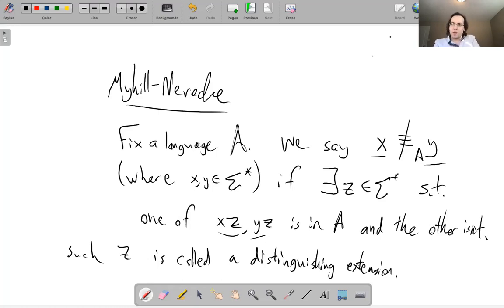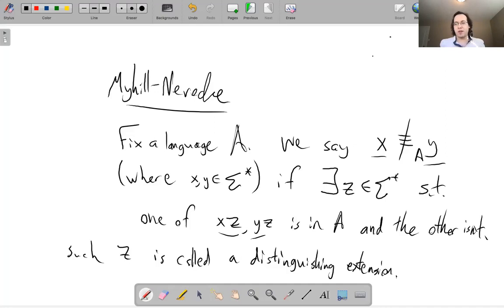So X and Y being equivalent is supposed to correspond intuitively to X and Y reaching the same state in the DFA for A. Now, formally, if you try to prove it, this will only be true under the assumption that this DFA is the minimal DFA for A, that there are no wasted states that are duplicates of other states, for example, or that don't really do anything.